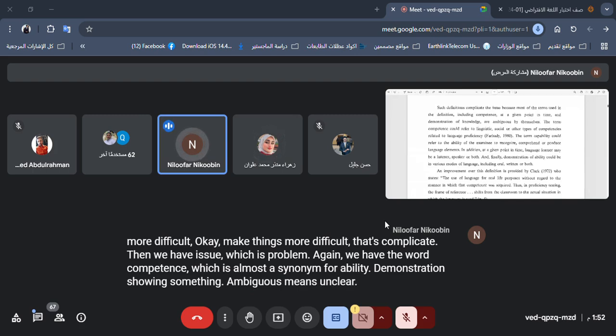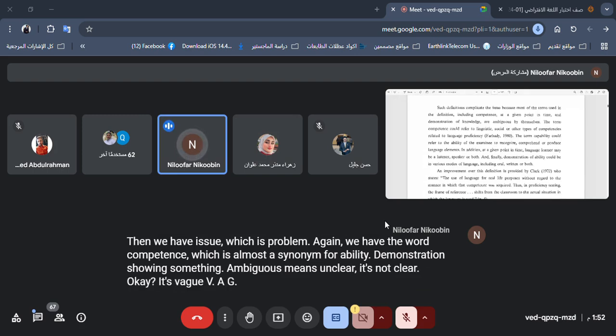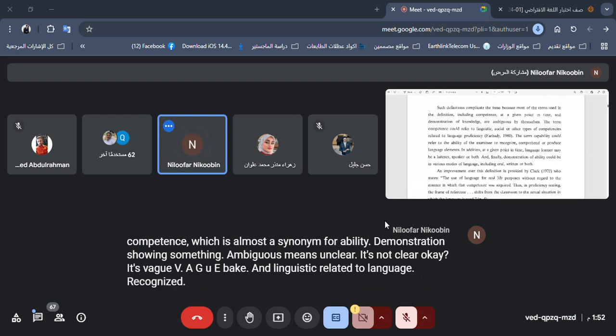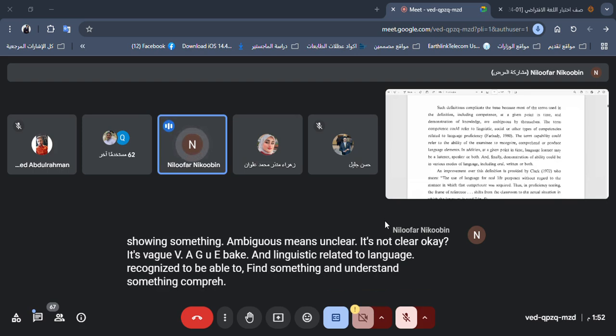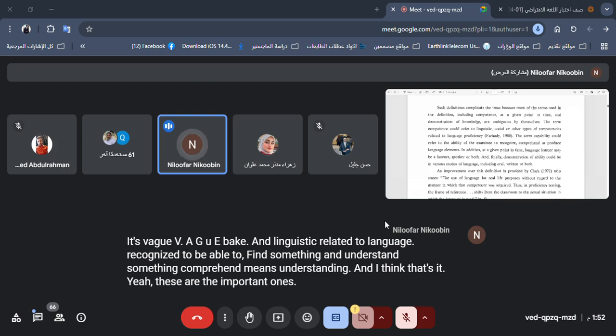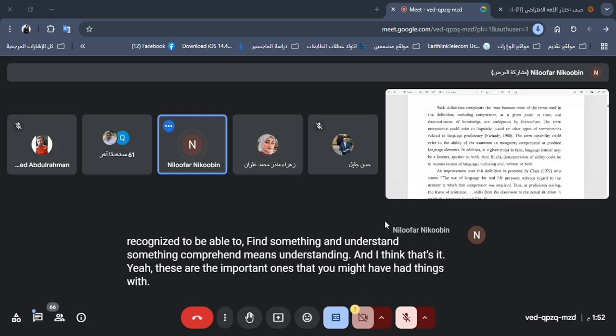Ambiguous means unclear. It's not clear. It's vague. And linguistic, related to language, and recognize, to be able to find something and understand something. Comprehend means understanding. And I think that's it. These are the important ones that you might have had problems with.